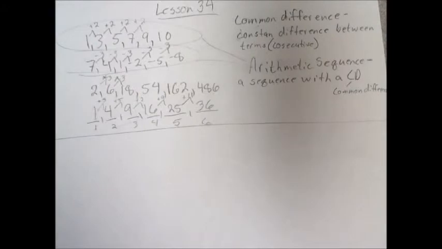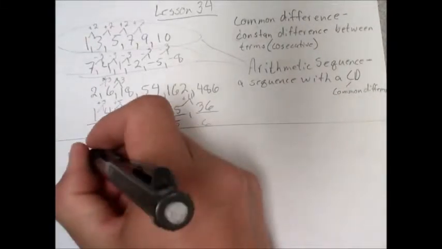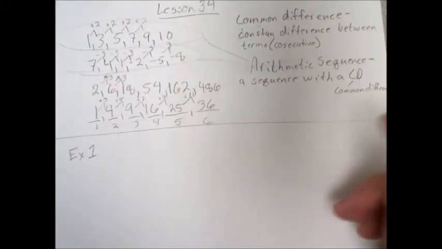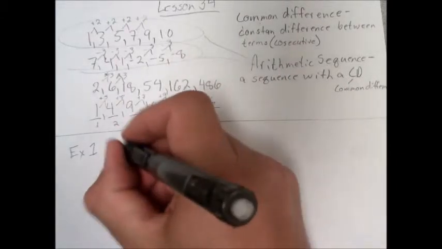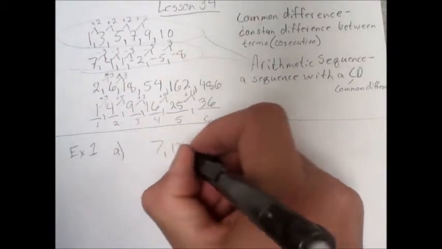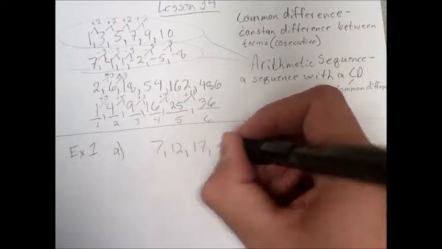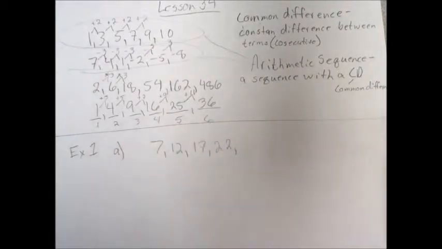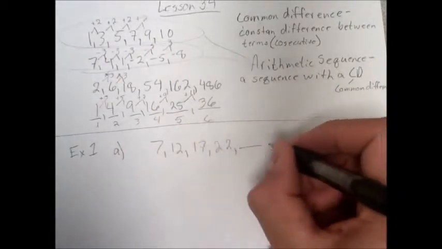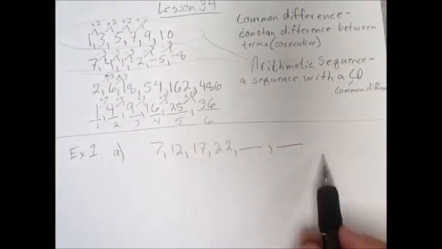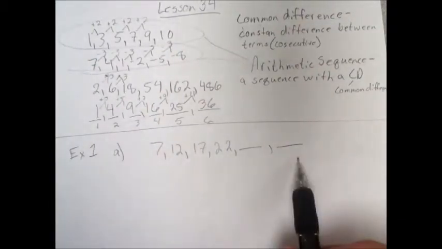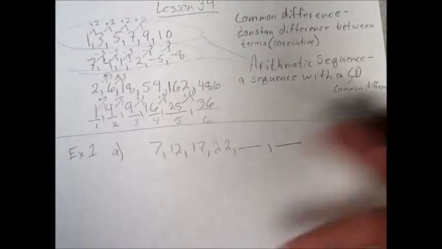There we go. All right, let's go to example 1 then. These can go kind of quickly. On example 1A, we have 7, 12, 17, 22, and it wants us to find the next 2 terms. So this is what I would write down on my paper. I'd write down exactly this, and I'd make sure I double space so I can start to do my work.